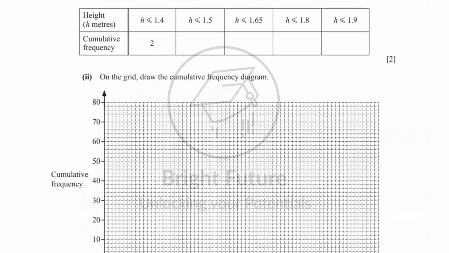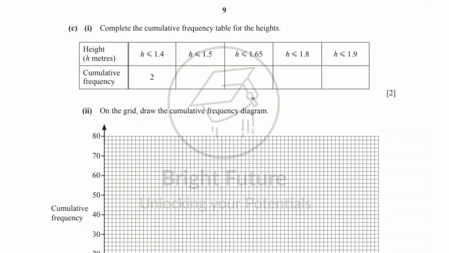Cumulative frequency. The cumulative frequency table for the heights is given. Height is given, cumulative frequency we have to calculate it.